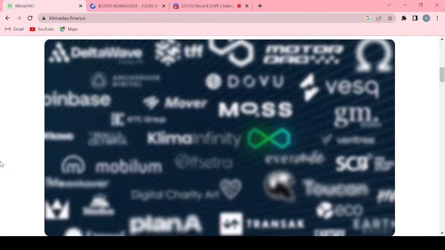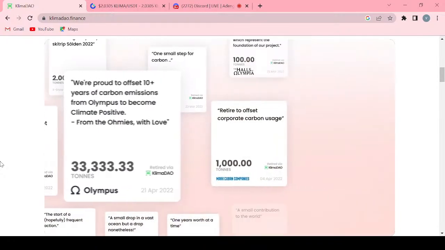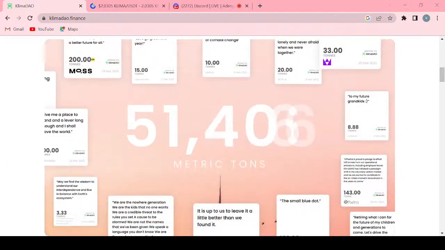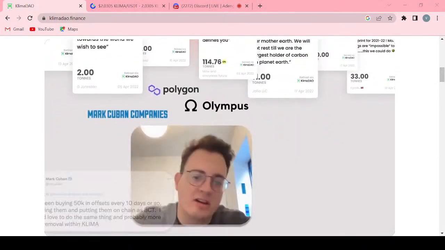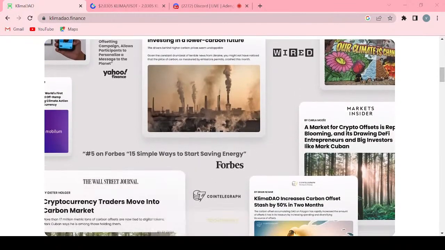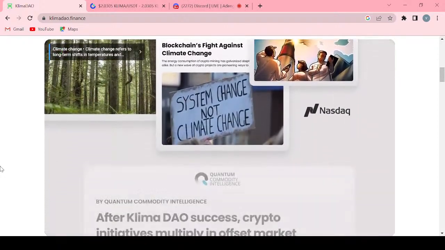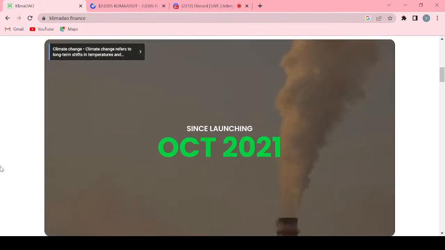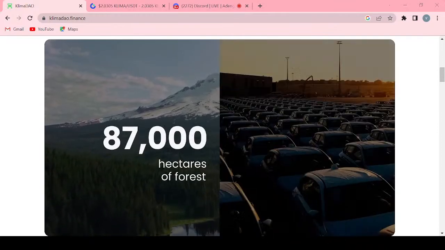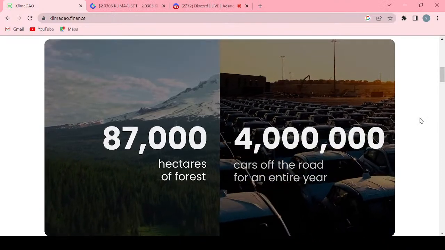Klima is giving an infinite range of products which is available. So this is launched on October 2021.